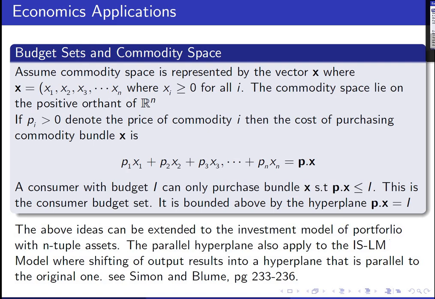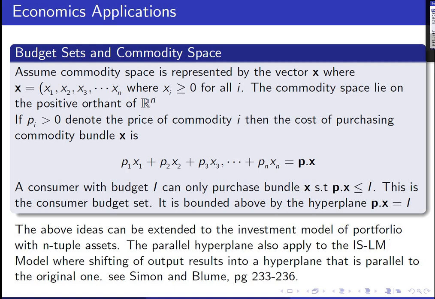So depending on your budget, if the price is given as 126, if you want 10 shares of ShopRite, your budget should be 1,260. So that will be your price dot the quantity of your assets, which is smaller than or equal to your budget. So that will be your hyperplane of what you can consume in that n space.